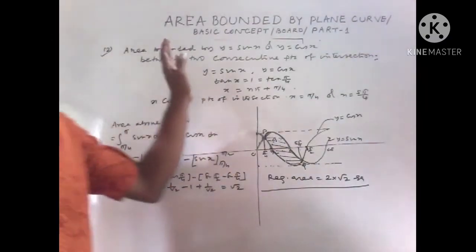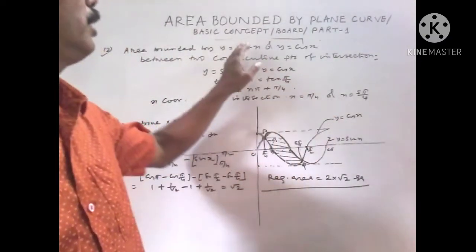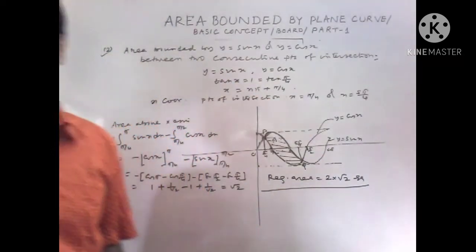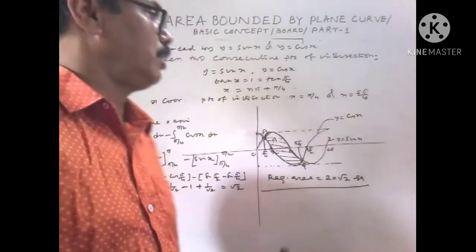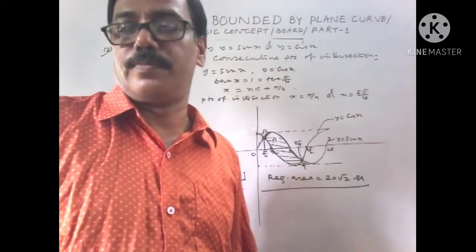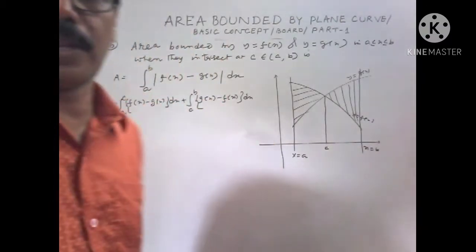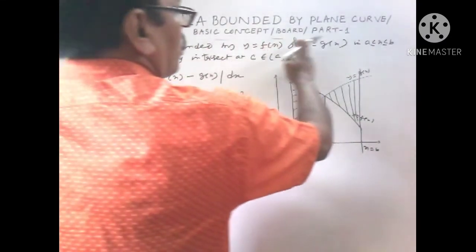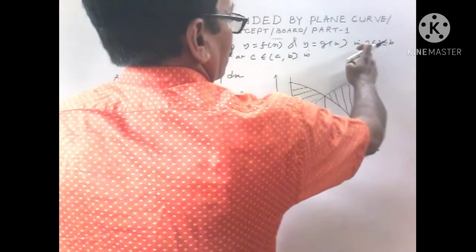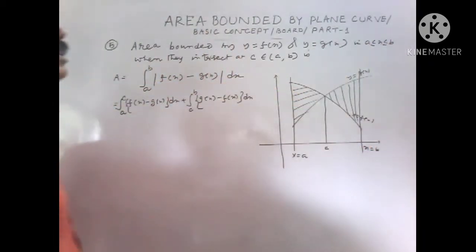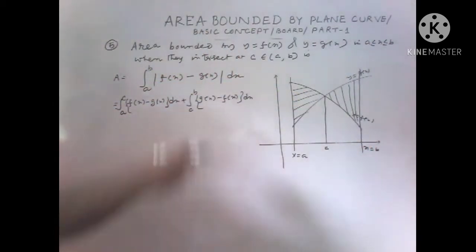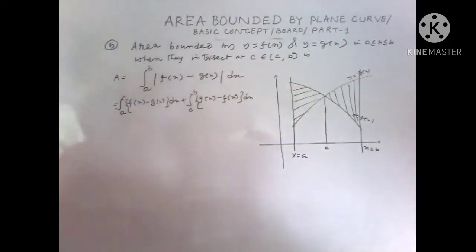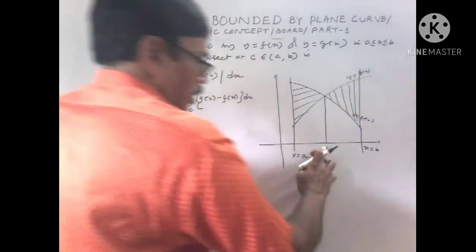So this is a rule for finding area bounded by two intersecting curves. And finally, there is one more. Now we find the area bounded by y equals f(x) and g(x) in a less than or equal to x less than or equal to b, when they intersect at a single point within the said interval.